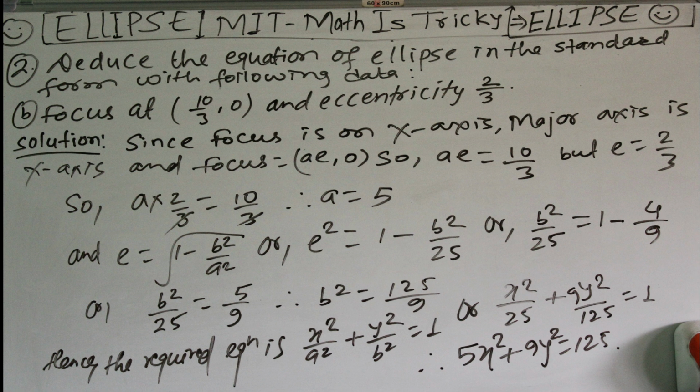Now let's use the value of eccentricity, e is 2 by 3, so we can use the formula, square root of 1 minus b square by a square is e.